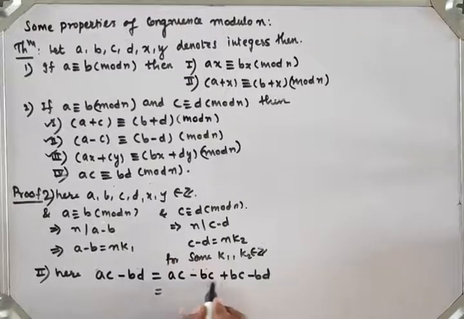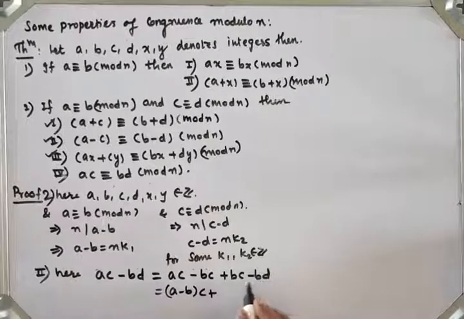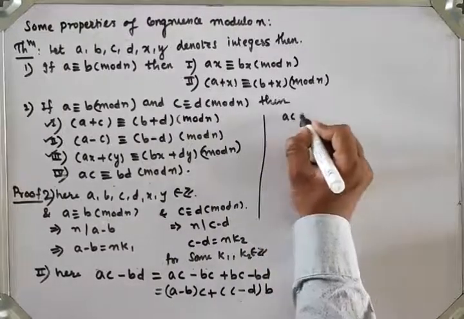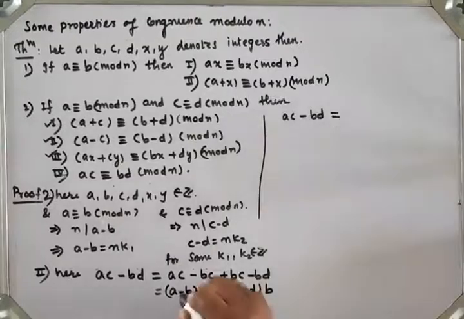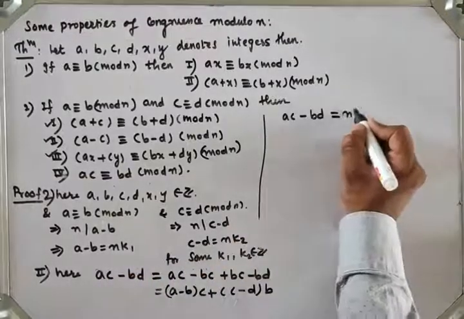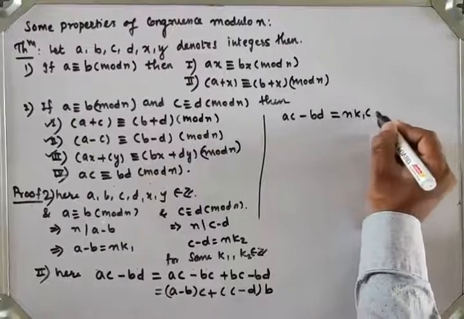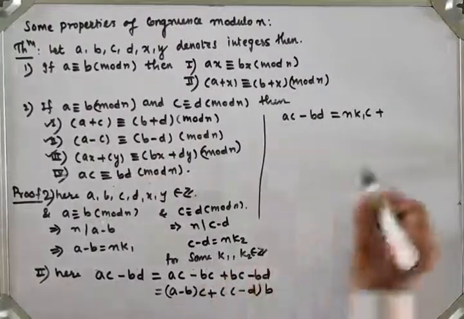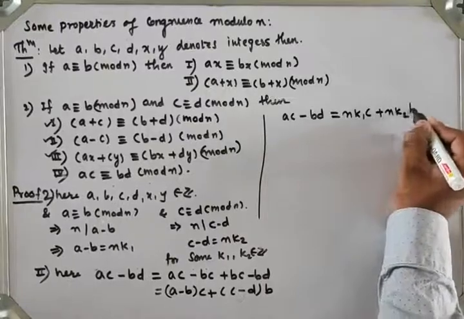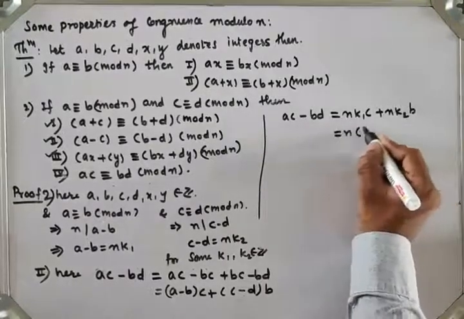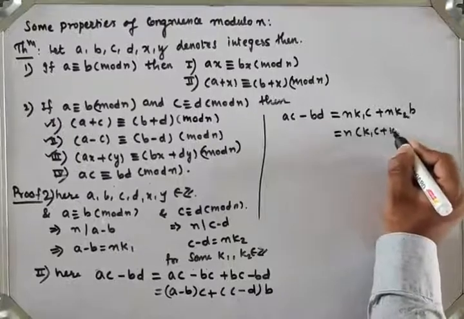So I will take C as a common. So A minus B into C plus I will take B as a common, so into bracket C minus D into common B. So the left hand side AC minus BD is equal to, A minus B has value nk1 into C plus C minus D has value nk2 into B. So I will take n as a common, in bracket k1c plus k2b.